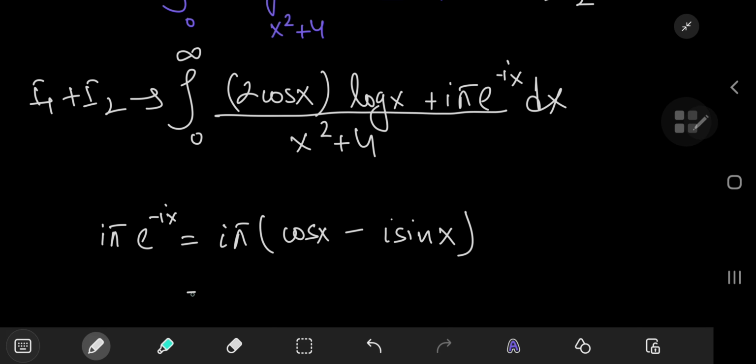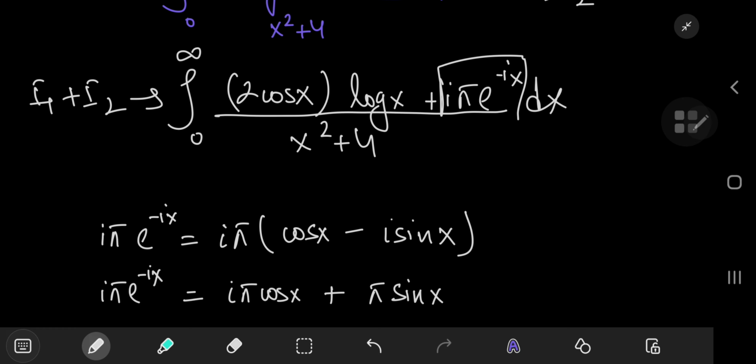And if you multiply by i times pi, we get i times pi times cosine x minus i squared times pi times sine x, and i squared is negative 1, so the two negatives cancel out. We have pi times the sine of x, and this equals the other term up here.